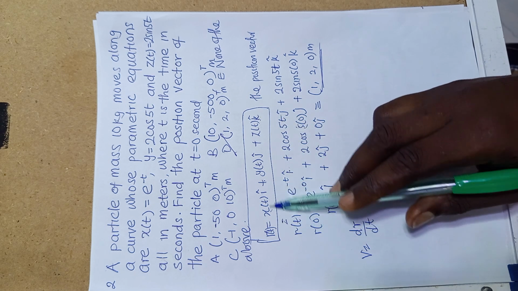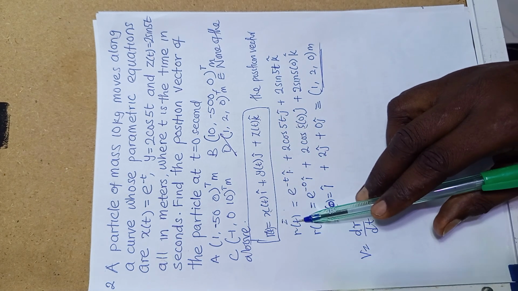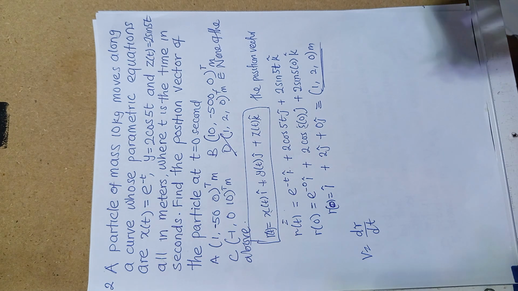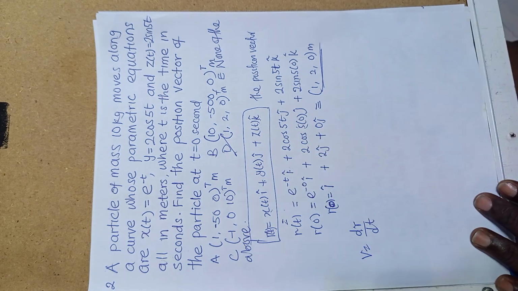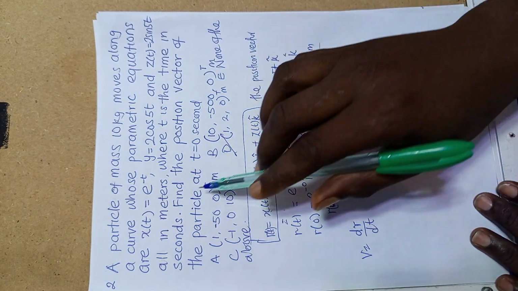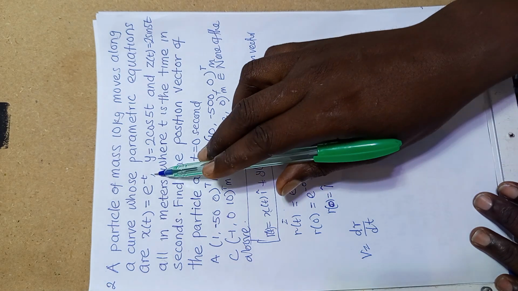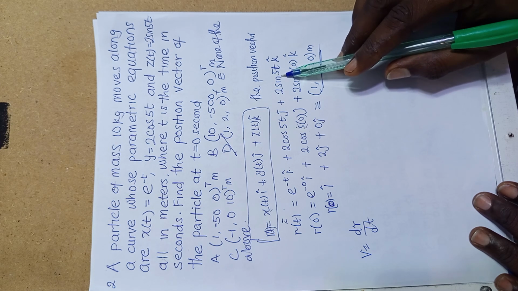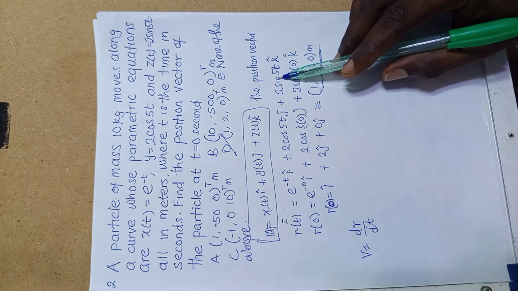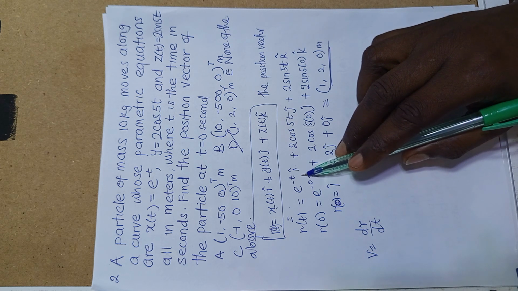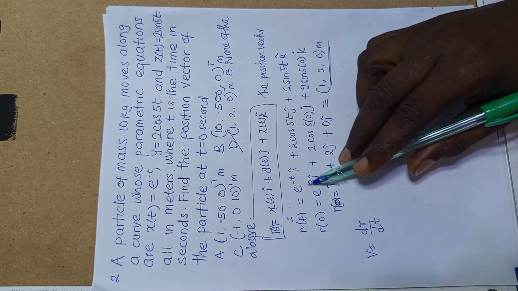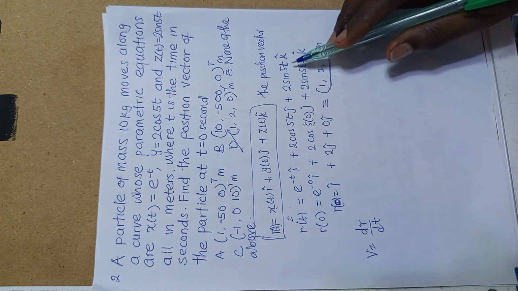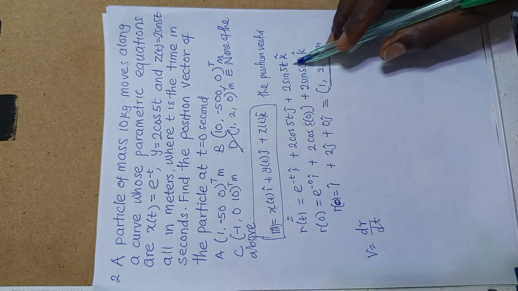So in that case, what you are going to do is simply write the formula and put S of T. So as you get your position vector, then a very direct question, just plug in your S of T, your Y of T, and your Z of T. Then anytime you see T, put 0 for the T here.